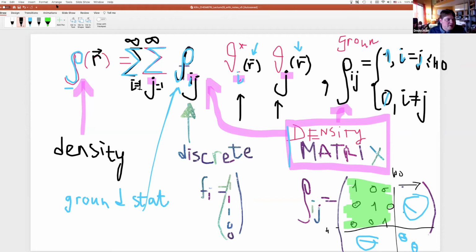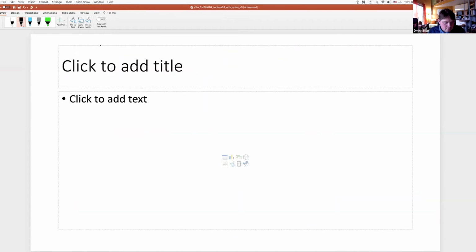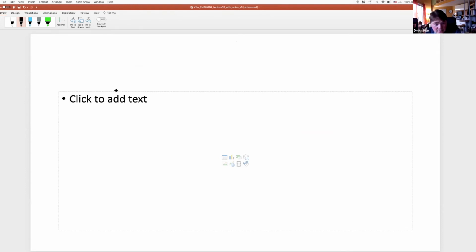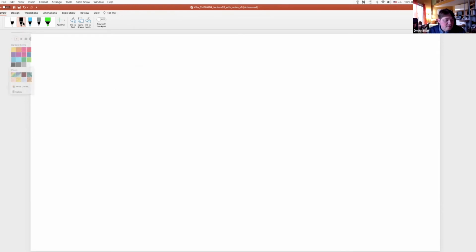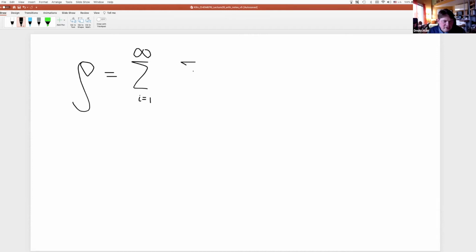So let me insert a new slide. I'll delete these little things. We have summation number 1 over i from 1 to infinity, and then a summation over a second index j from 1 to infinity.